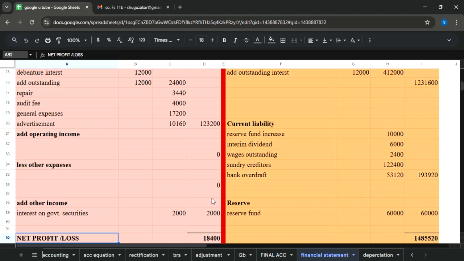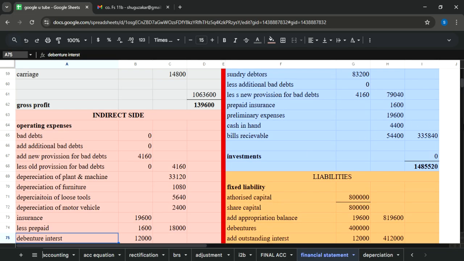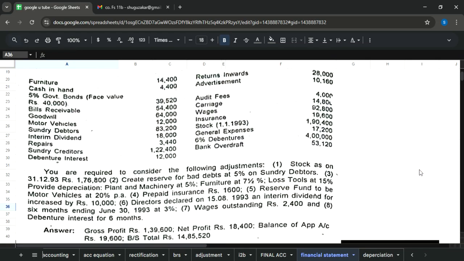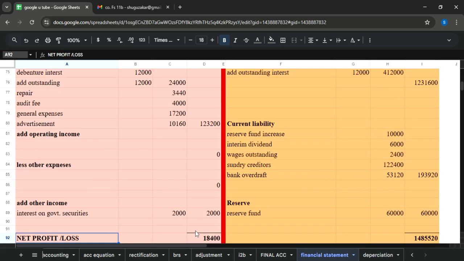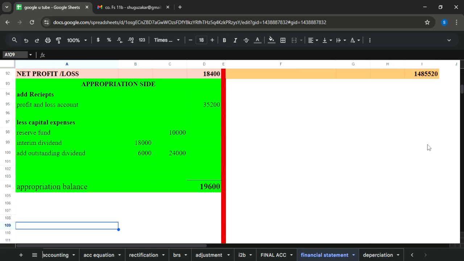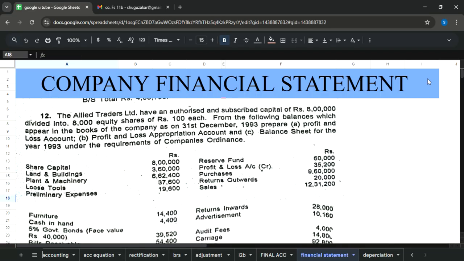Left side three answers matched. Then asset side total 14,85,000 and 14,85,000 is present over here. After that, this is your liability total 14,85,520. In this way, all answers are matched, question is completed.